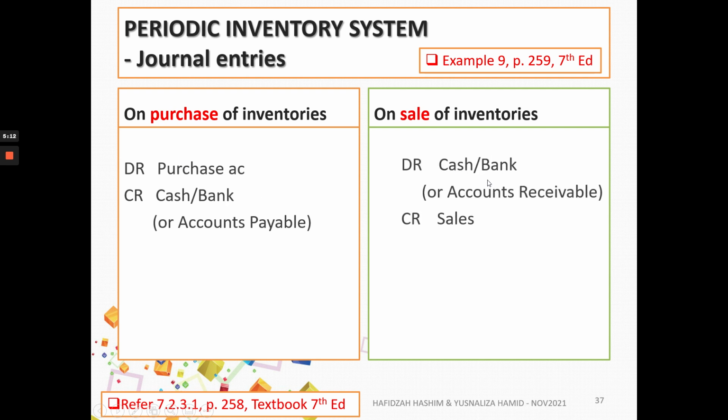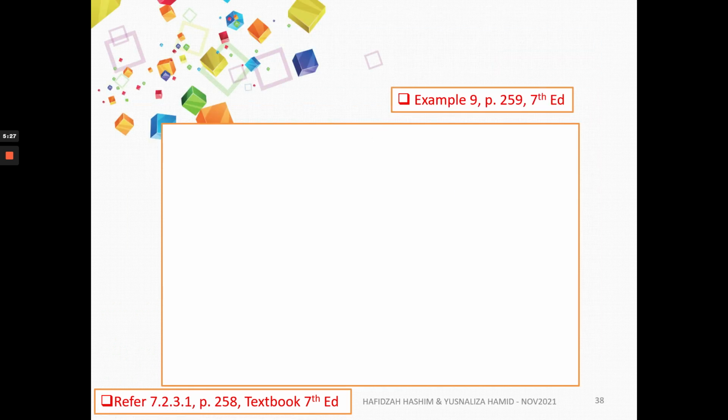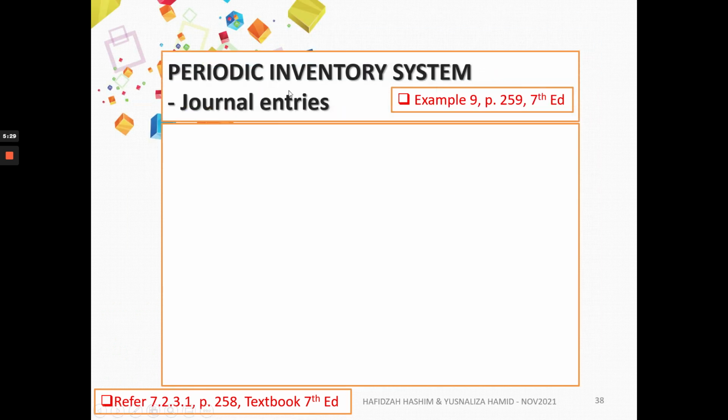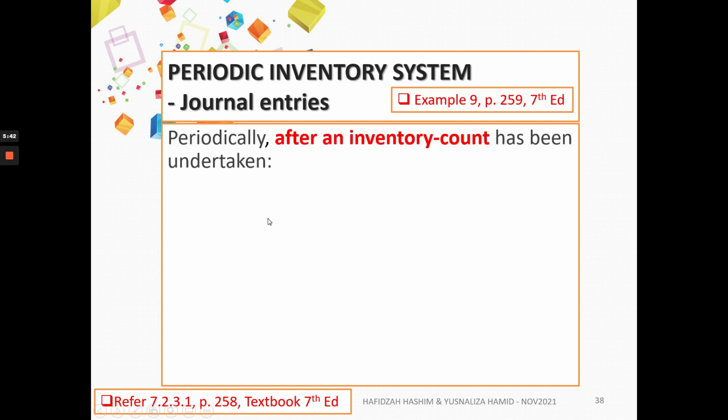On sale of inventories, the sales account will be credited, and the account debited will depend on whether it is a cash sale or a credit sale: the bank account if it's a cash sale, accounts receivable if it is a credit sale. For example, you can refer to Example 9 at page 259 of the 7th edition textbook, and for details, you can also refer to 7.2.3.1 in the same textbook.